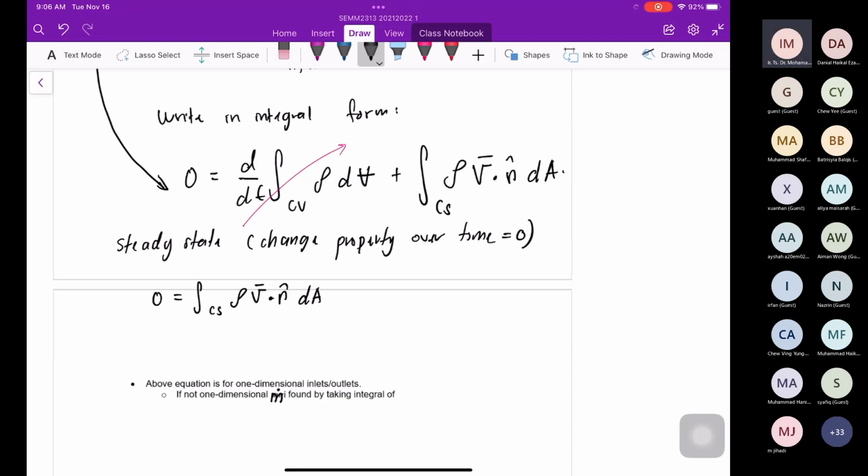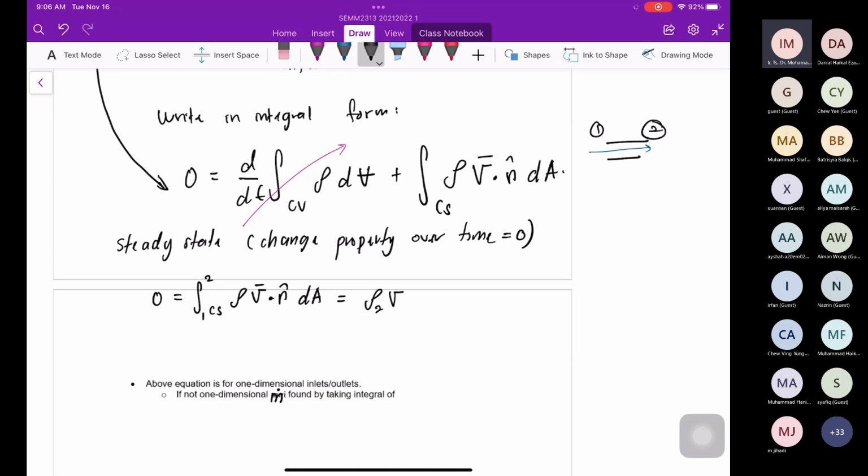Alright, if we only consider inlet and outlet, we can do the expansion. For example, we have flow 1 and 2. So rho 1, you can put integration from 1 to 2.